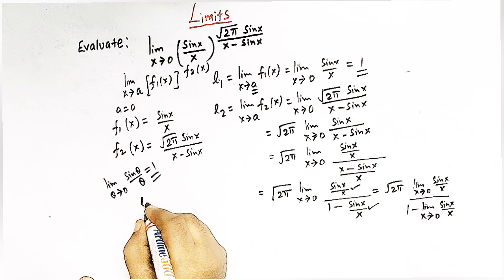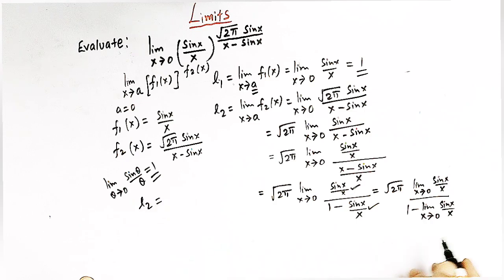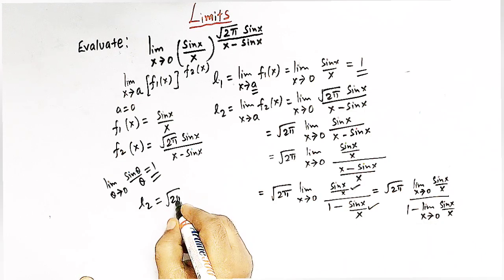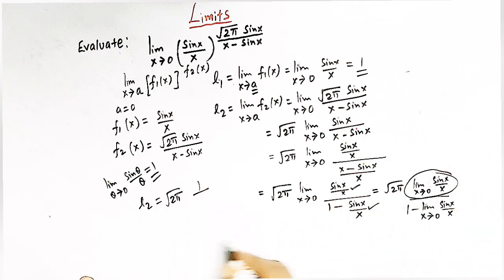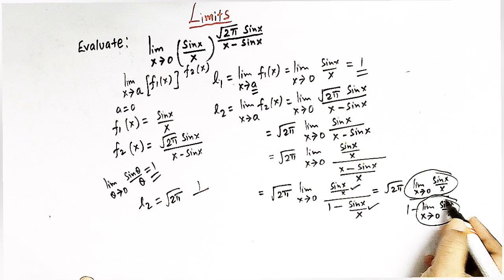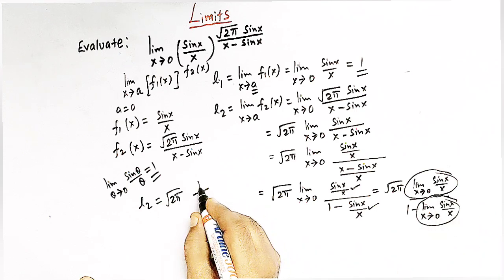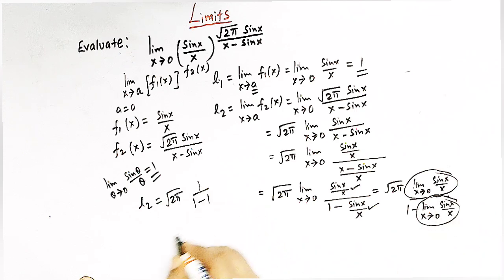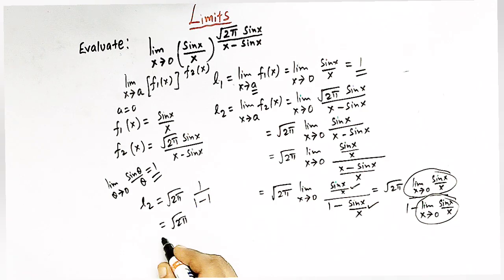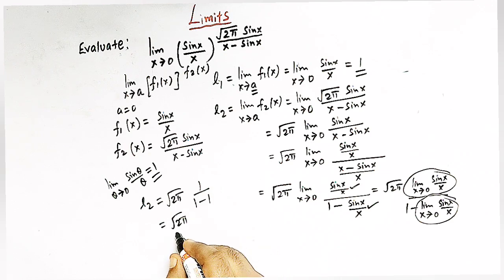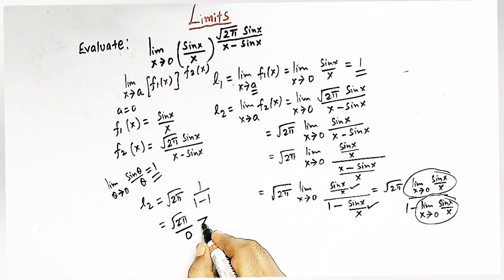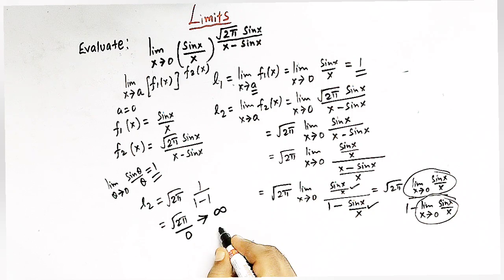So now the value of the limit L2 is given by square root of 2 pi, and this limit is 1. So here we have 1, and this limit is also equal to 1. So we have 1 over 1 minus 1. So this is square root of 2 pi, and here we have 1 minus 1, 0. So this limit tends to infinity or not defined, right?